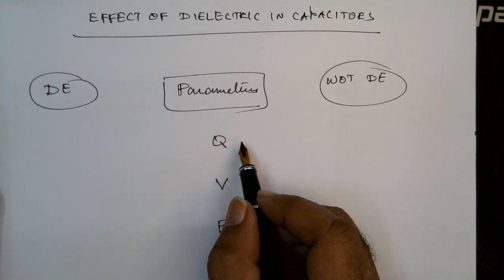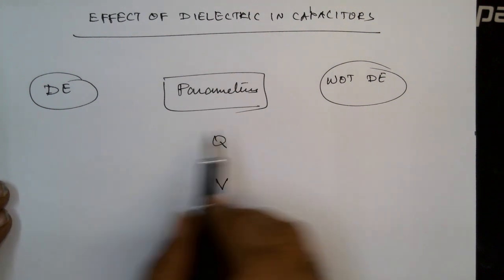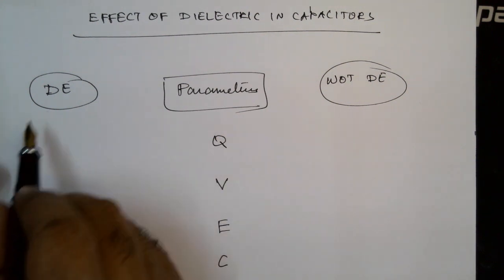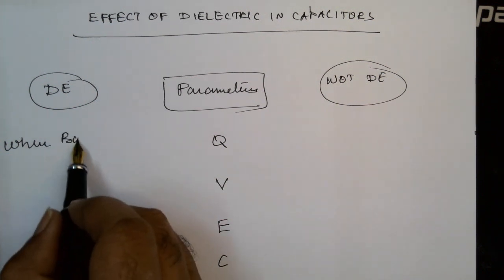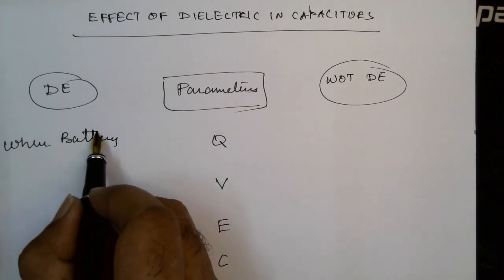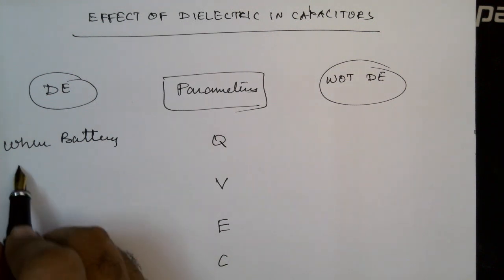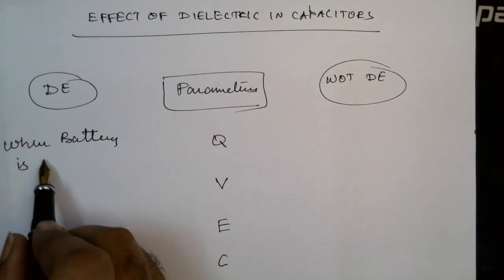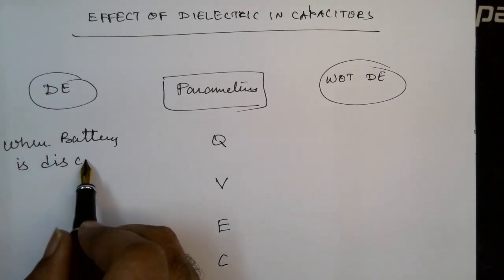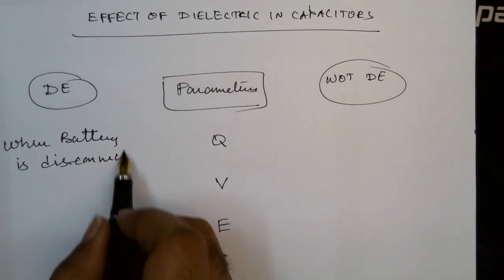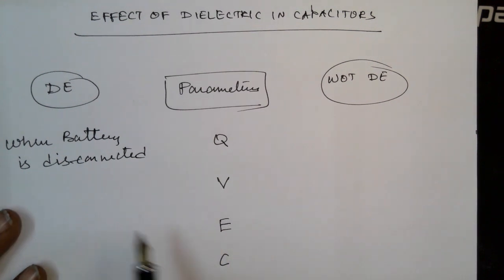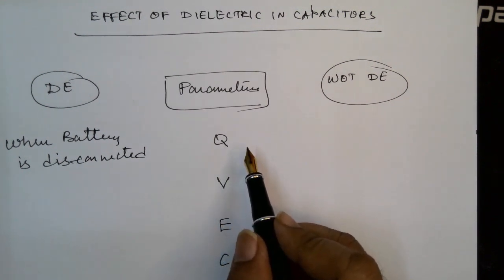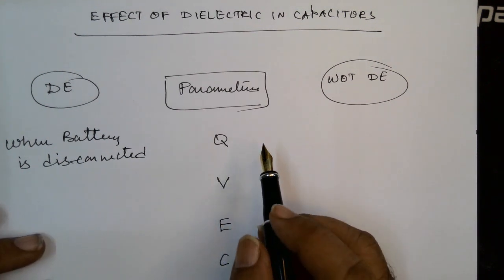and the voltage is what? Decreasing. So the dielectric is inserted when the battery is disconnected. When the battery is disconnected, Q is constant, are you able to follow?